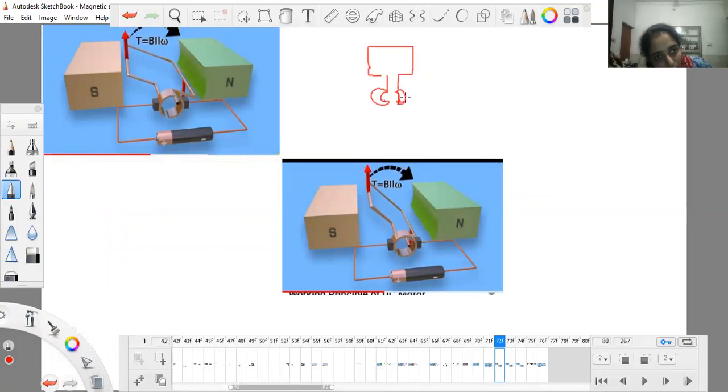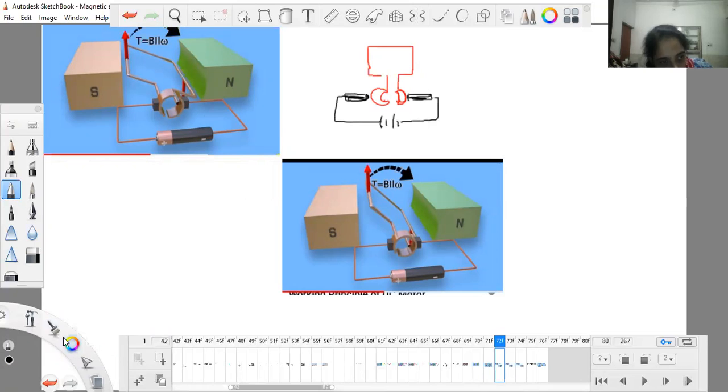This is our full armature, this copper coil, and these are two brushes. Remember that the brushes are just in contact, they are not attached. And we studied that this was my battery.